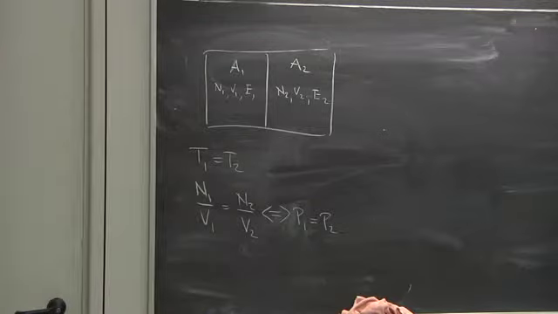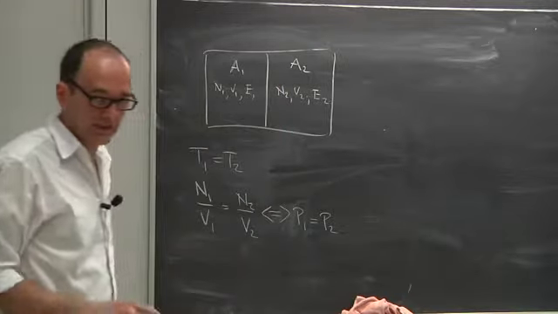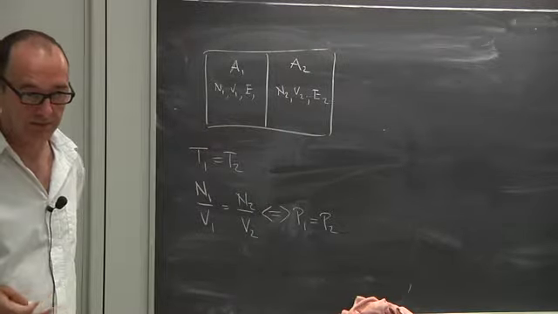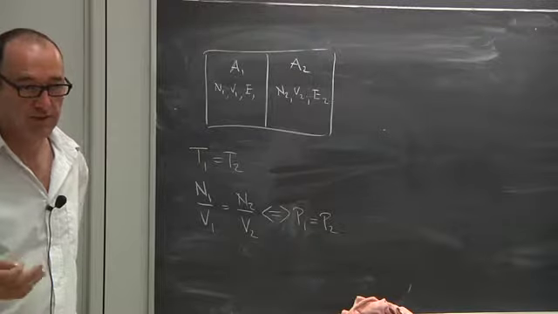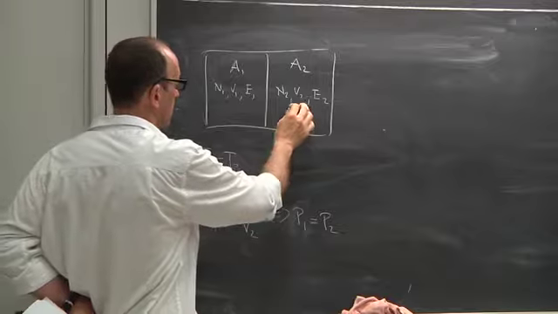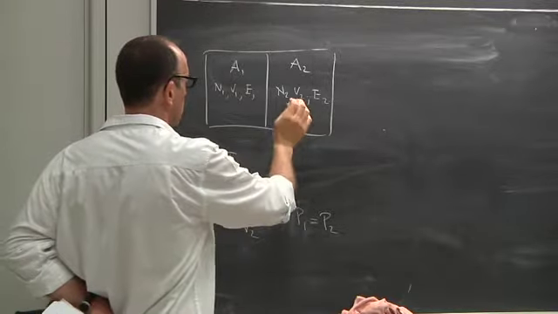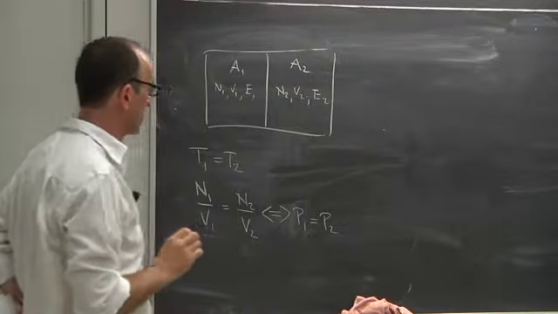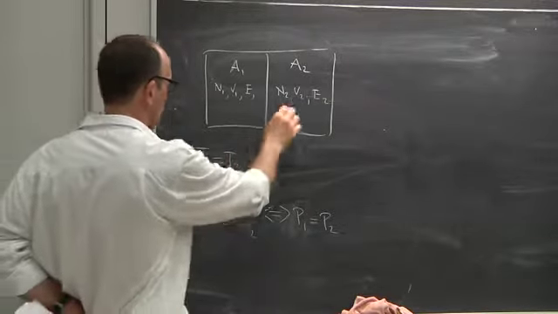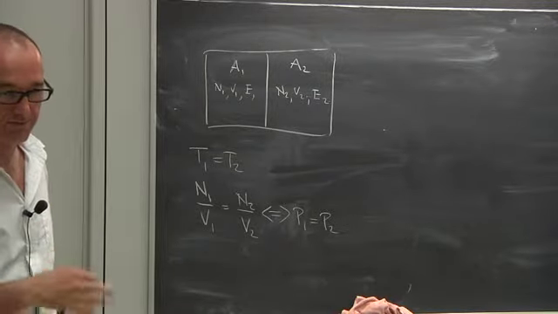And now what you can do is remove the wall between the two gases. What will happen is that particles from this side will go into the other part of the system, and particles here will go to the other side. So the system will mix.